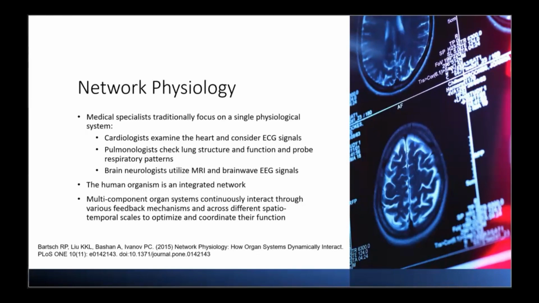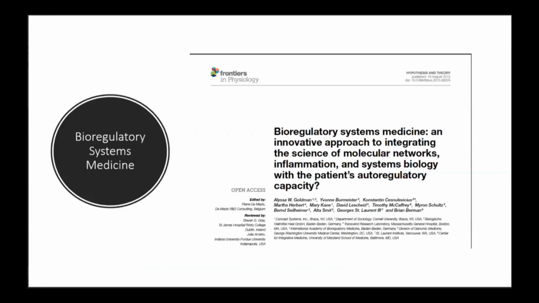And that's where we move into this idea of bioregulatory systems medicine. If there's one word that sums up what I do, which is a combination of traditional Chinese medicine and traditional medicine in general, woven with biomedical concepts, it's this bioregulatory systems medicine, and you'll find there's a lot of papers out there on this topic.